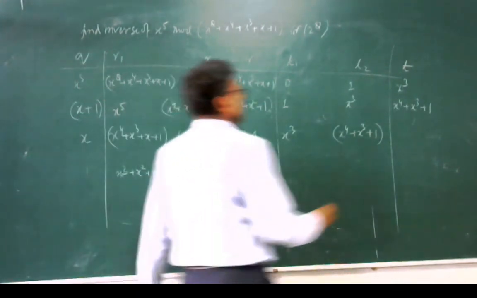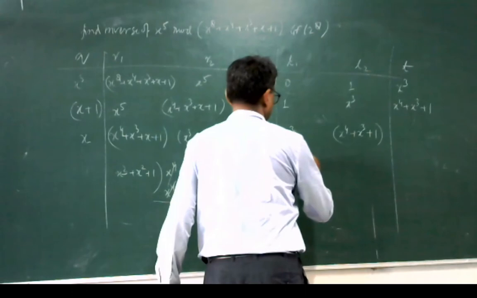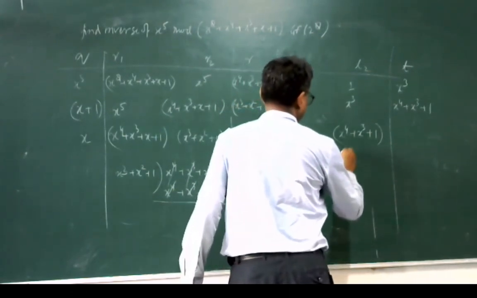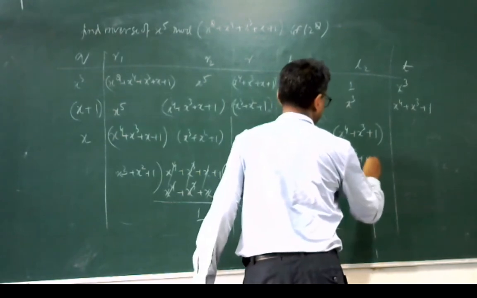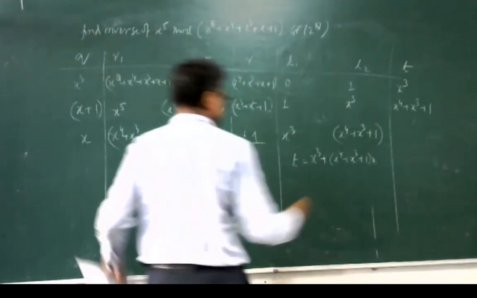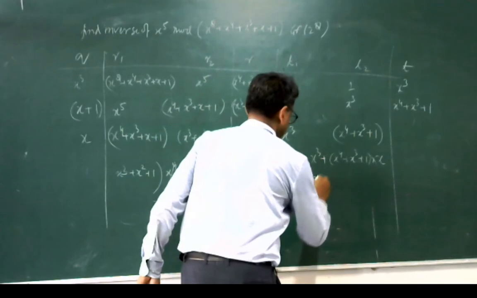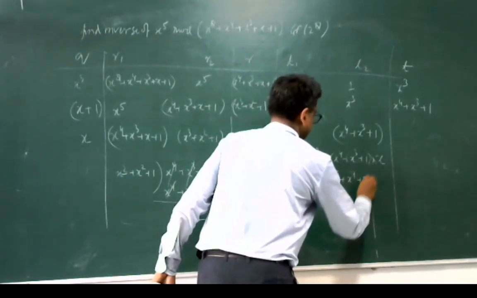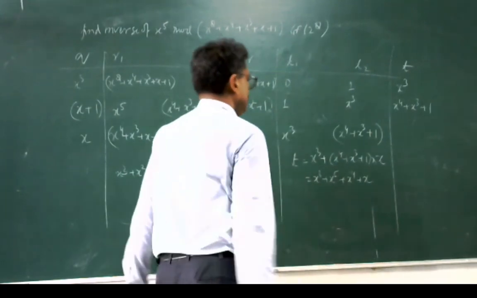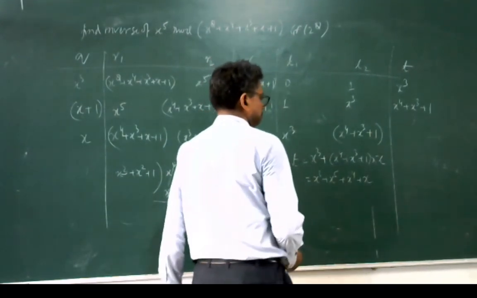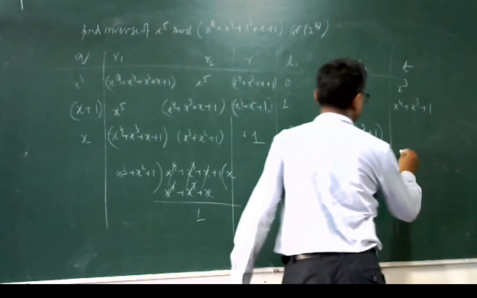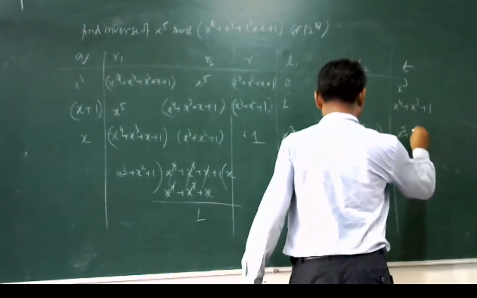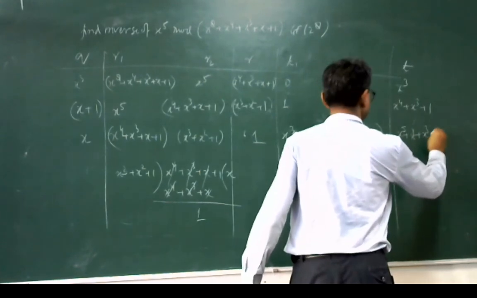And so the value of t will be x cube plus x to the power 4 plus x to the power 3 plus 1 into the quotient x. So this will be equal to x to the power 3 plus x to the power 5 plus x to the power 4 plus x. So the result will be x to the power 5 plus x to the power 4 plus x to the power 3 plus x.